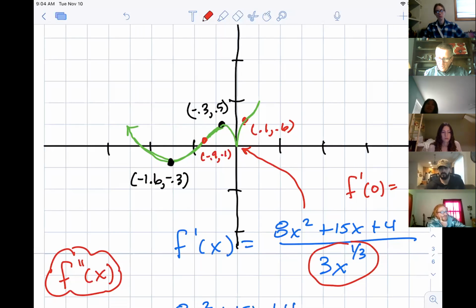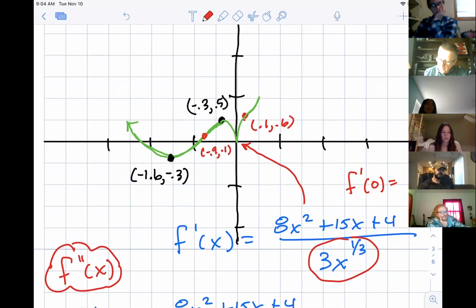So again, my overall goal is to teach you how to think. And I'm going to write here infinity. What undefined really means is it's infinitely steep, either positive or negative. So that's kind of a trick.